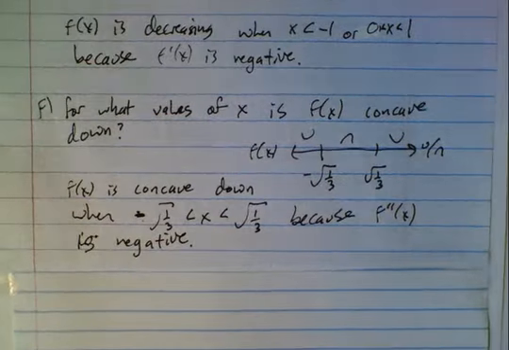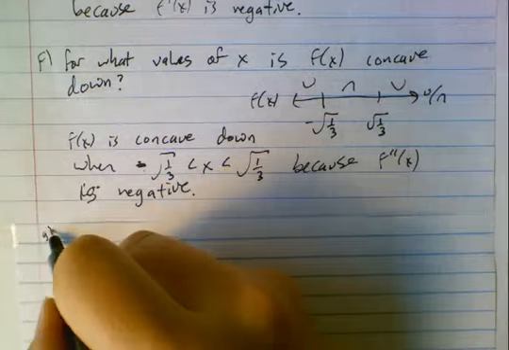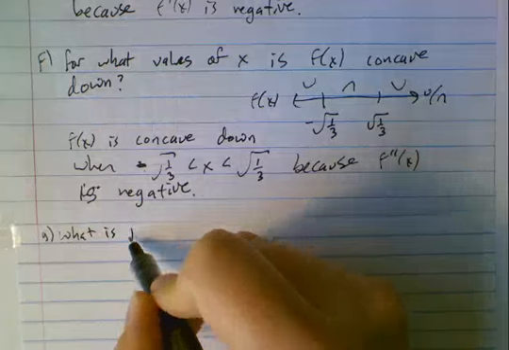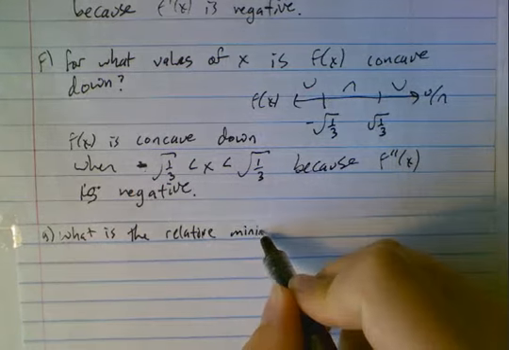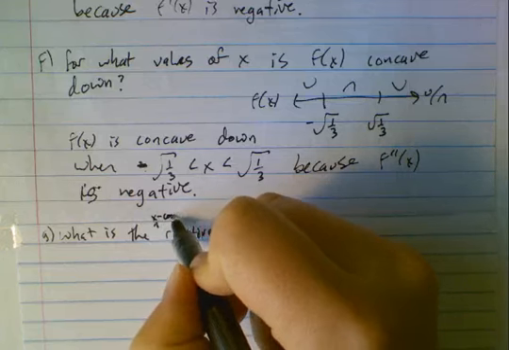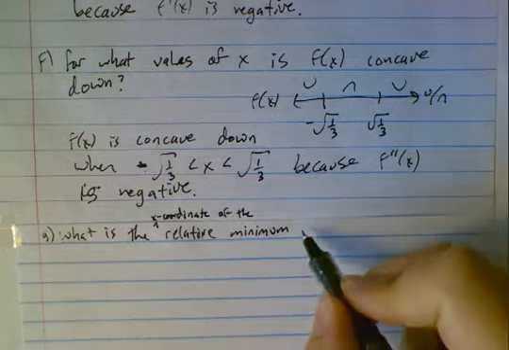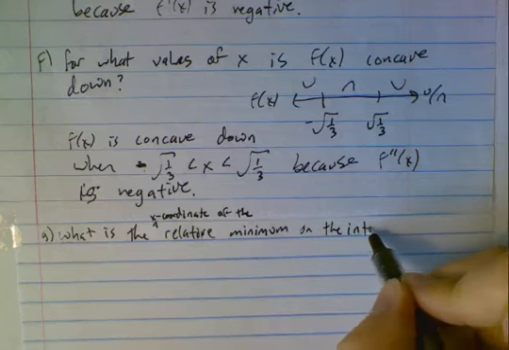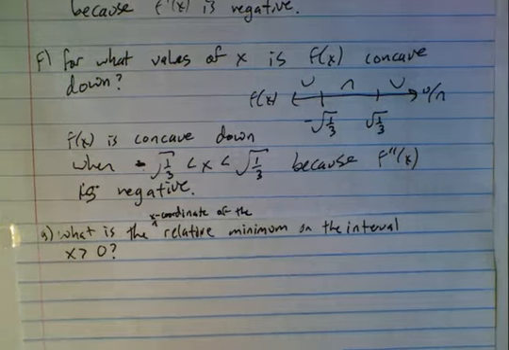We can also be asked to find something on a very specific domain. So let's do this one. How about what is the relative minimum? Actually, let's say what is the x-coordinate of the relative minimum on the interval x is greater than 0.